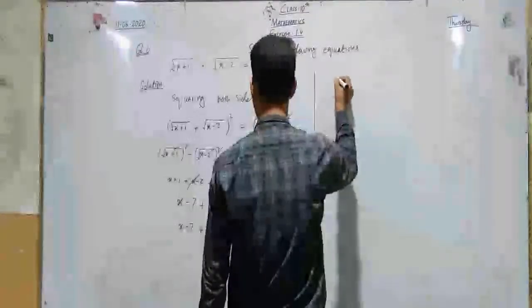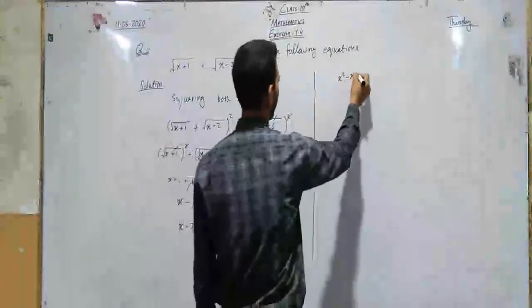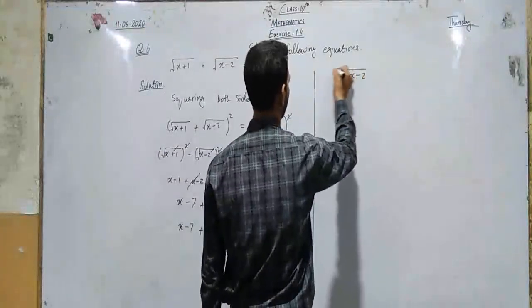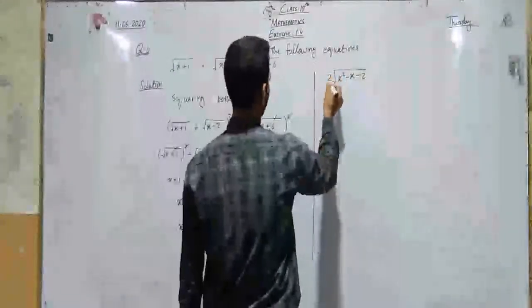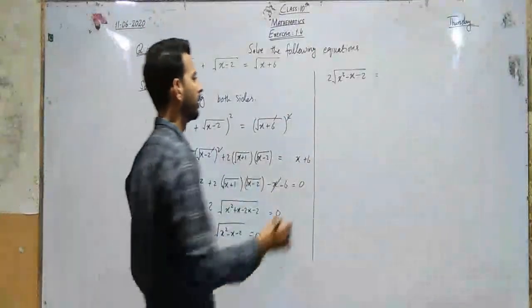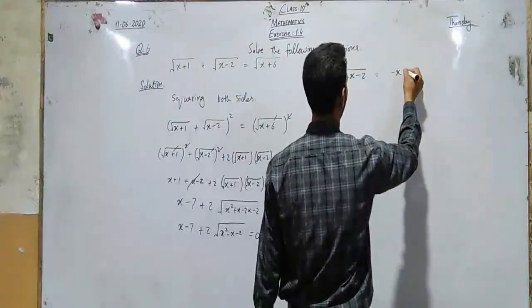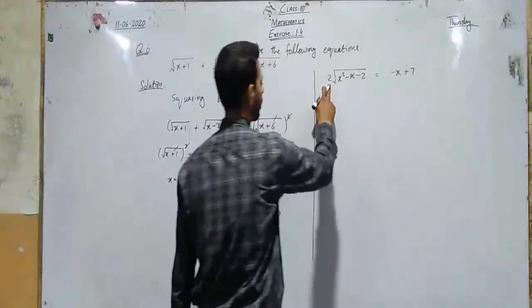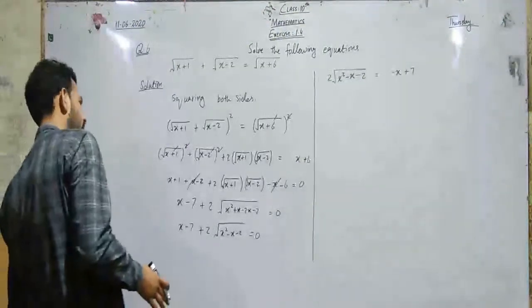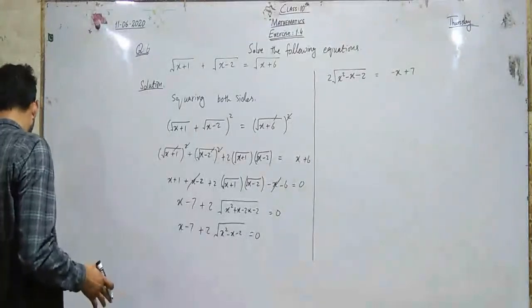So 2 square root of x squared minus x minus 2 equals, that x will go to the other side and it will become minus, so minus x plus 7.